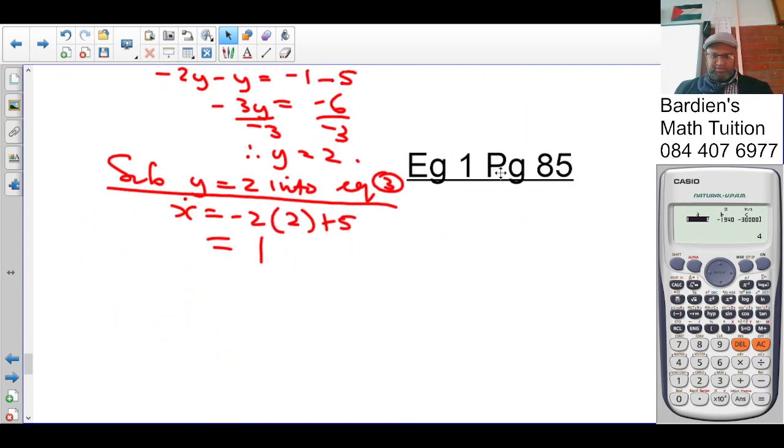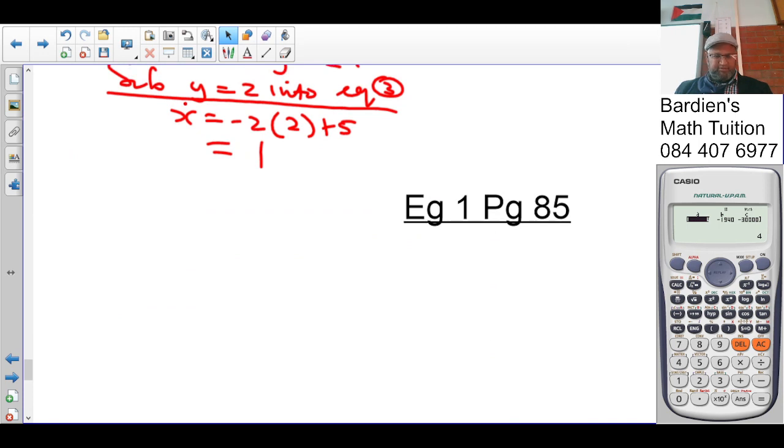We're going to look at example 2, on page 86. They ask you to use the elimination method, but we are going to use the substitution method, okay?